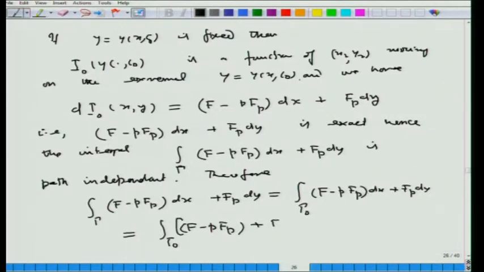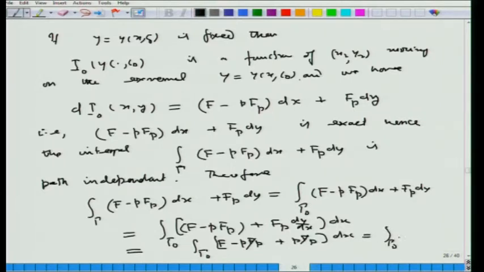So, f_p and then dy by dx, which is p here, which is over gamma 0 of (f minus p f_p plus p f_p) dx.